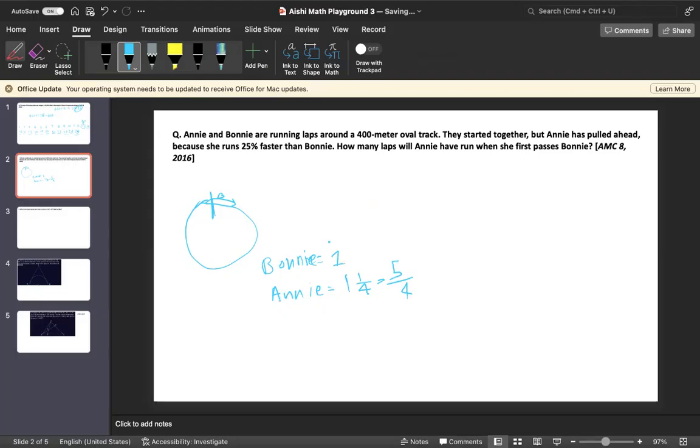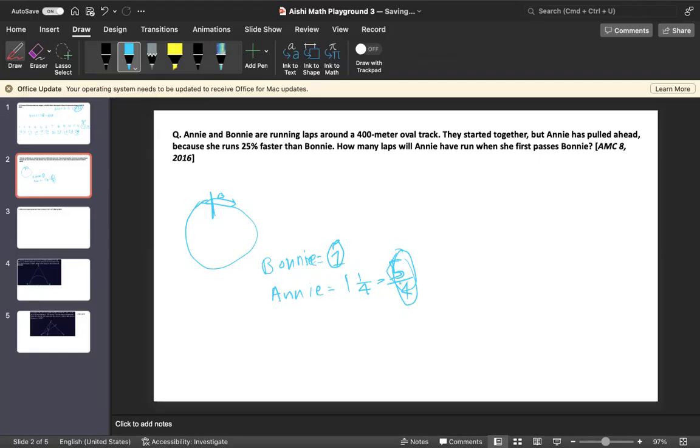So now we have to find a number which we can multiply 1 and 5 by 4 by, so that both of these end up as a whole number. Whatever you multiply it with is going to be a whole number unless you multiply it with a fraction, which probably wouldn't be the best idea since we already have a fraction, 5 by 4.